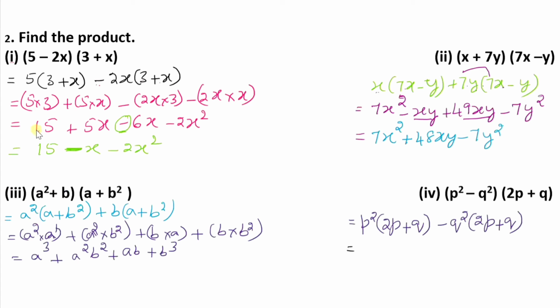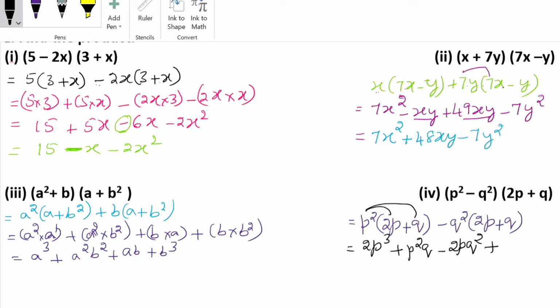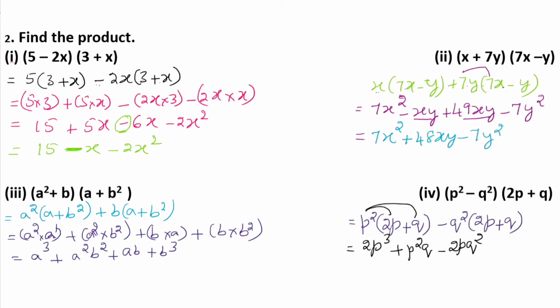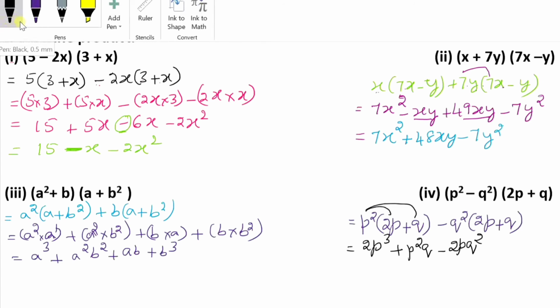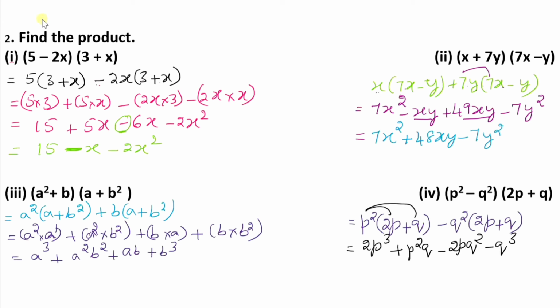It is p square into 2p is 2p cube, plus p square into q, minus 2 is the coefficient here, p into q square, plus it is minus of plus is minus, it is minus q cube. That's all, you cannot further simplify this.